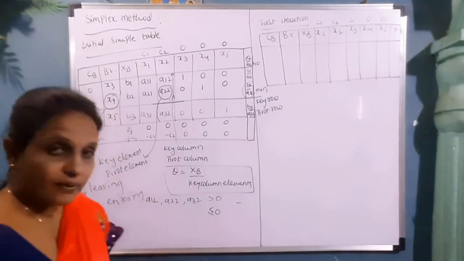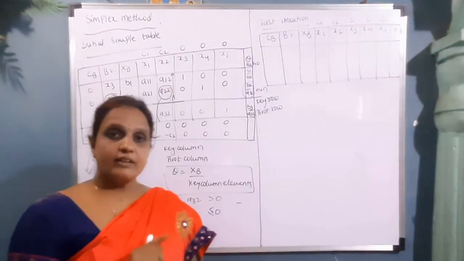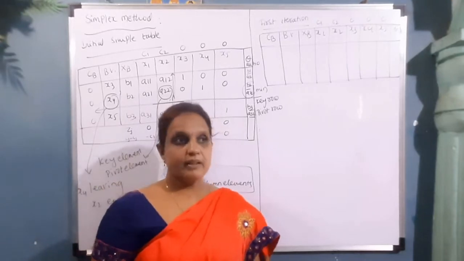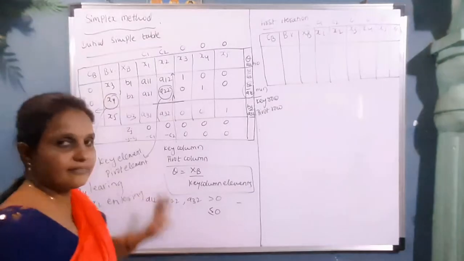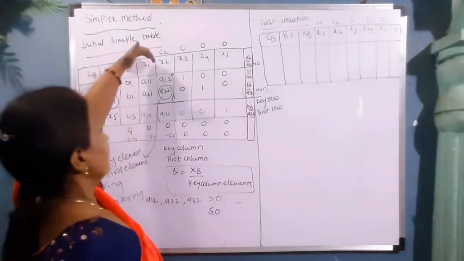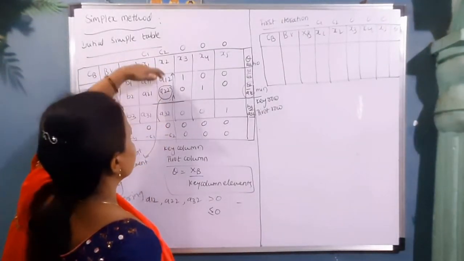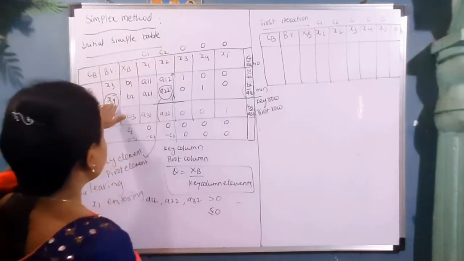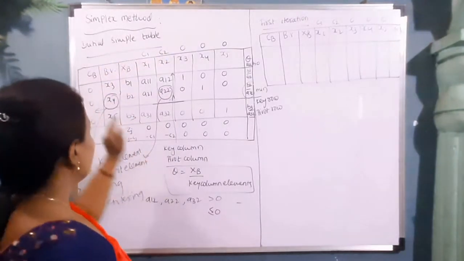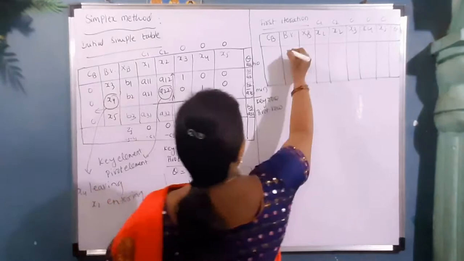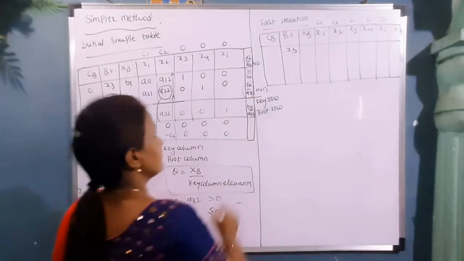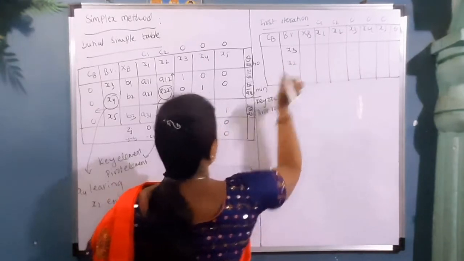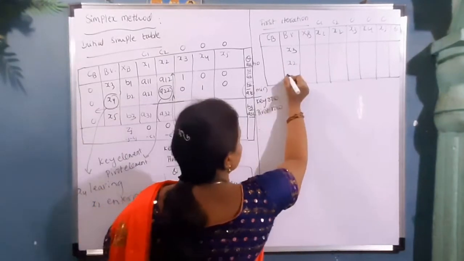Understand the point: whatever basic variable we get at the key row, that variable will leave, and whatever variable we have at the key column will enter as a basic variable. Now the basic variables will be X3, then X2, next comes X5.